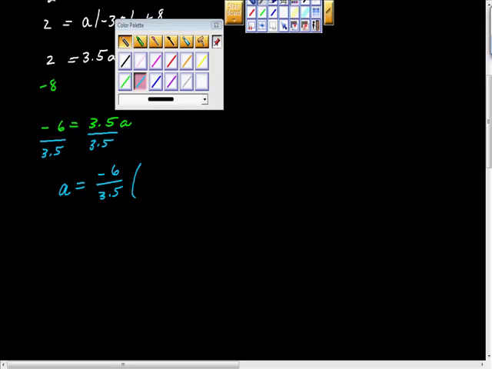So if you don't mind, I'm going to multiply by 1 using 2 over 2 to get an equivalent fraction. So a equals negative 6 times 2, which is negative 12, over 3.5 times 2, which is 7. This is okay because 2 over 2 is equal to 1, and anything times 1 gives us that value back. So far, so good?